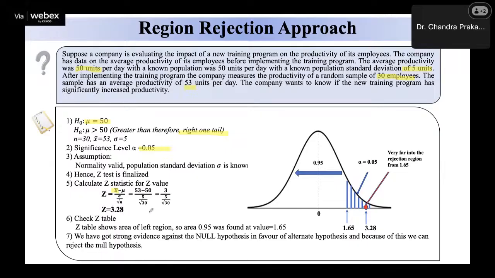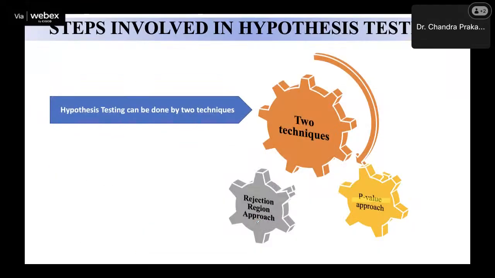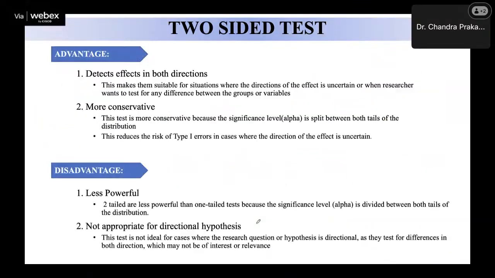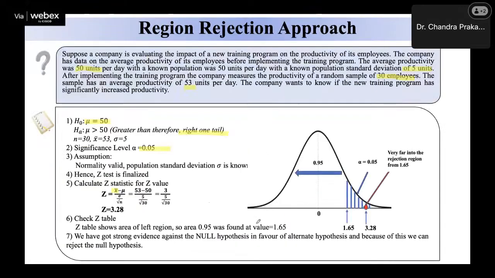Now we need to check the Z table, and the Z table shows the area of the left region only. So you can see over here, in this Z table we try to see where that particular value is. So it came out to be 3.28, right?